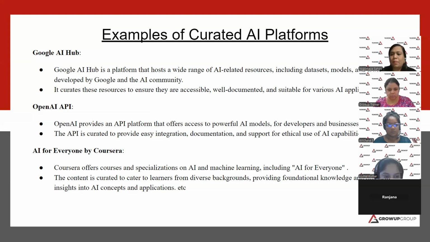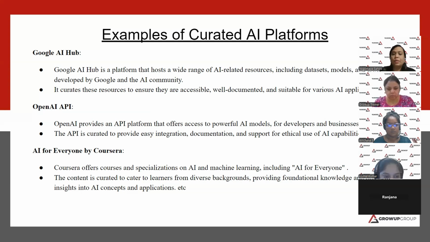Basically, this curated platform gives the user accuracy and the power to make decisions in a very efficient and accurate way. The next is AI for Everyone by Coursera. Coursera offers courses and specializations in AI and machine learning, including AI for Everyone.